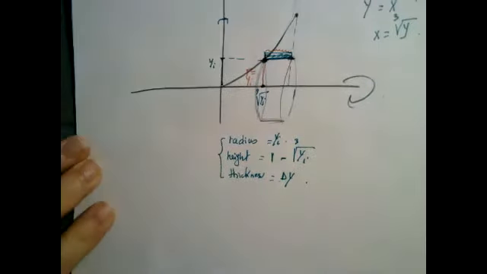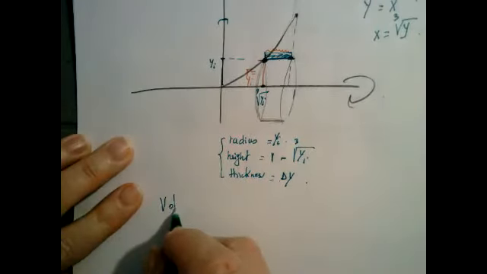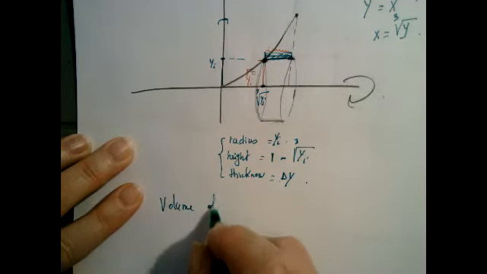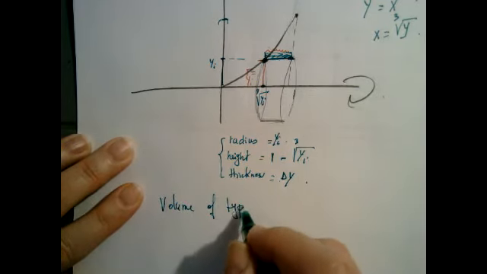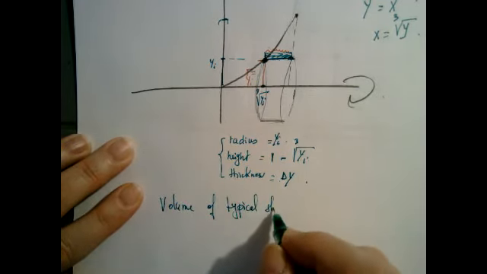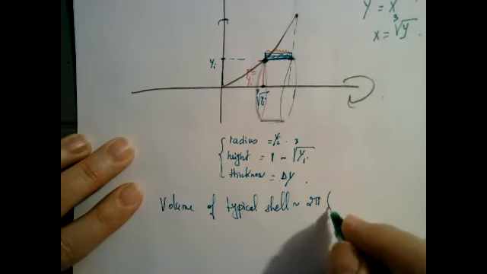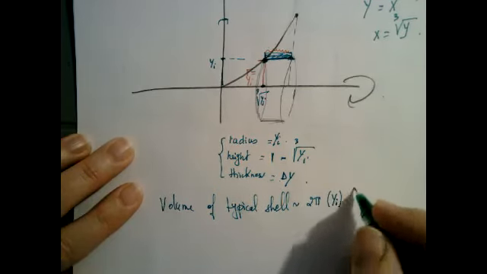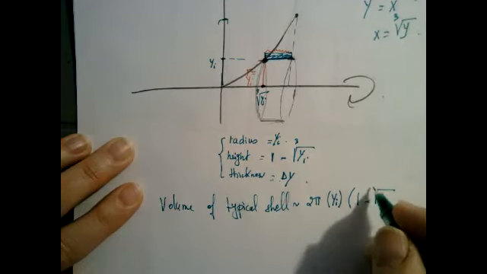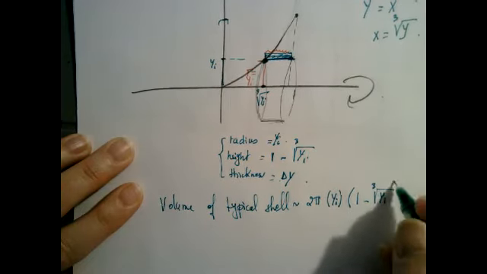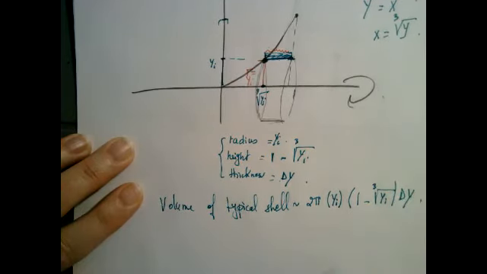Now, at this stage, volume of a typical shell is almost equal to 2 pi times the radius times the height times the thickness.